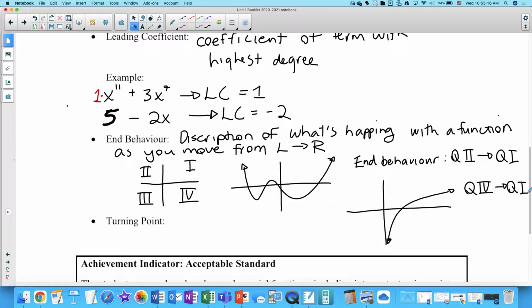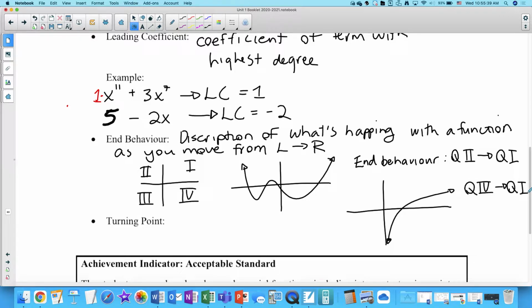Right? The 2 quadrants on the right side of the coordinate plane are, sorry, not 1 and 3, 1 and 4. So it'll either end in quadrant 1 or quadrant 4. Most of them, actually. You may have something that goes like that, I suppose. But for the purpose of this course, you're going to have something that ends in quadrant 1 or quadrant 4.